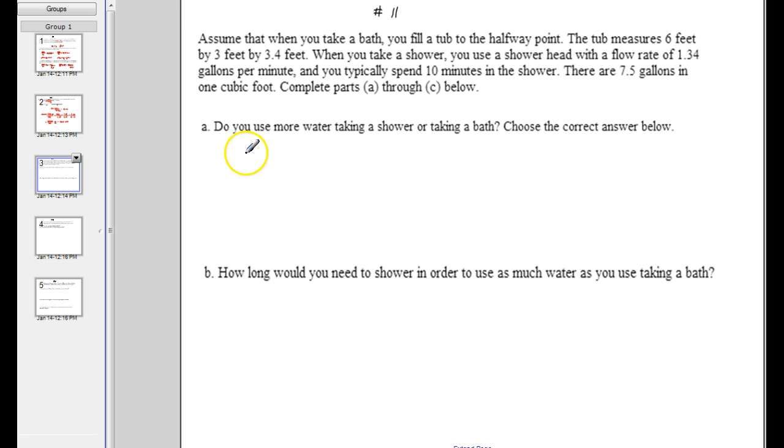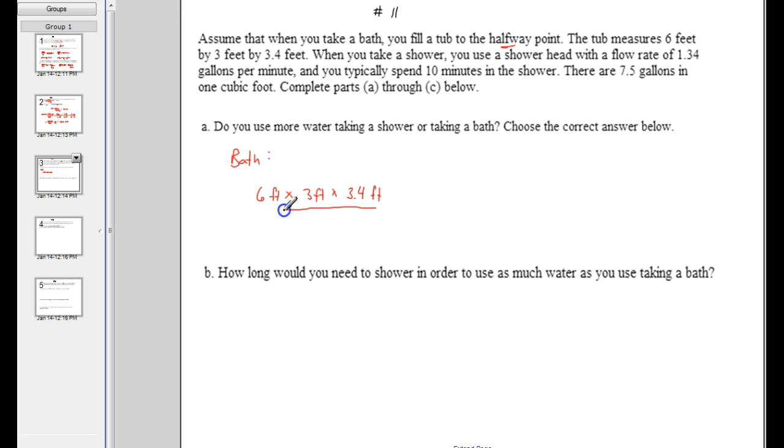Alright, so if we fill this up halfway, and it measures 6 feet by 3 feet by 3.4 feet, that's completely full, but it says that we're only going to fill it halfway.